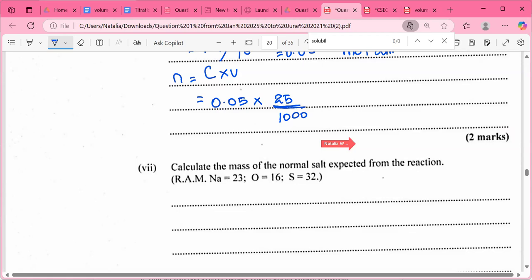This is me in this step where I have 25 over 1,000, converting from centimeters cube to dm cube. So my answer is 1.25 times 10 to the negative 3 moles.